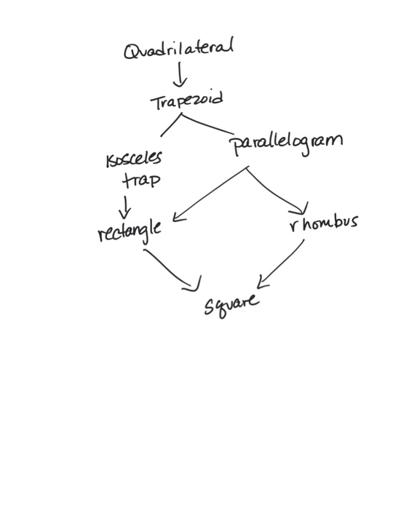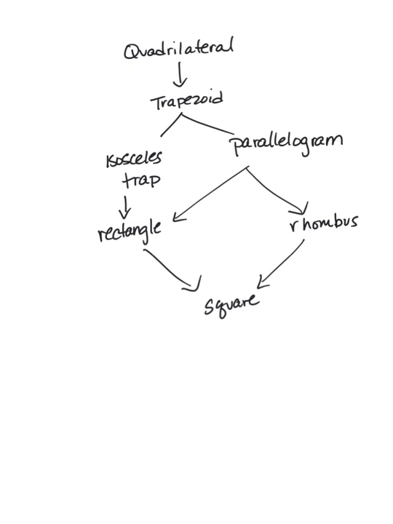All rectangles are trapezoids. All rectangles are quadrilaterals. All parallelograms are trapezoids. All parallelograms are quadrilaterals. All rhombi are parallelograms. All rhombi are trapezoids. All rhombi are quadrilaterals. You get the idea?